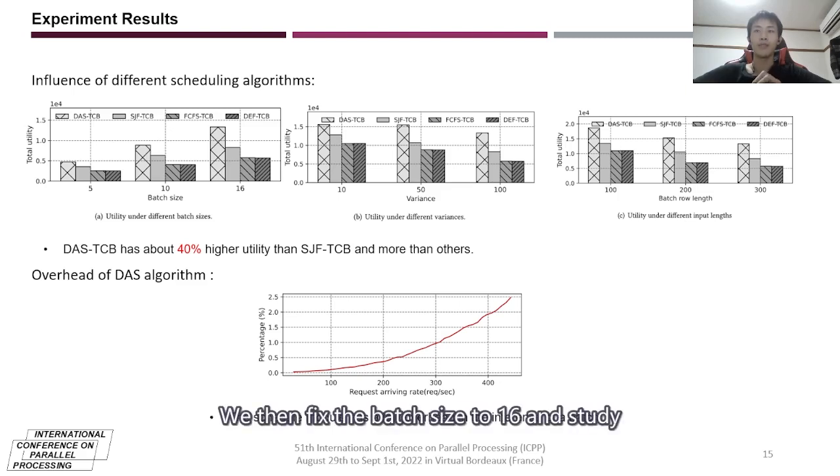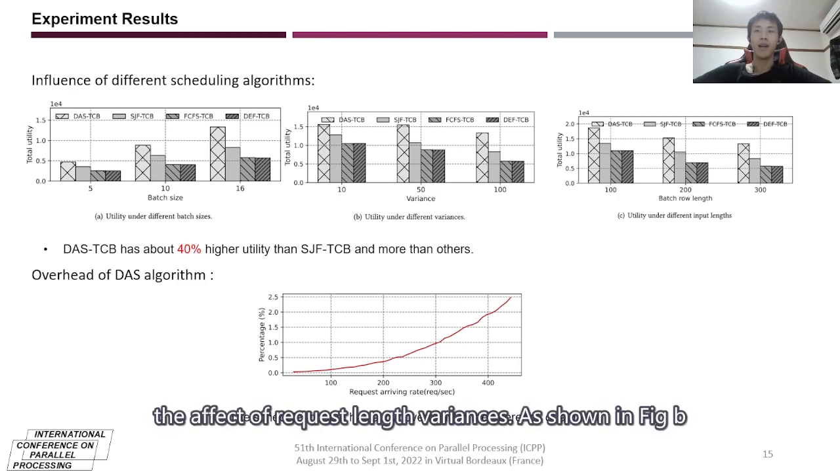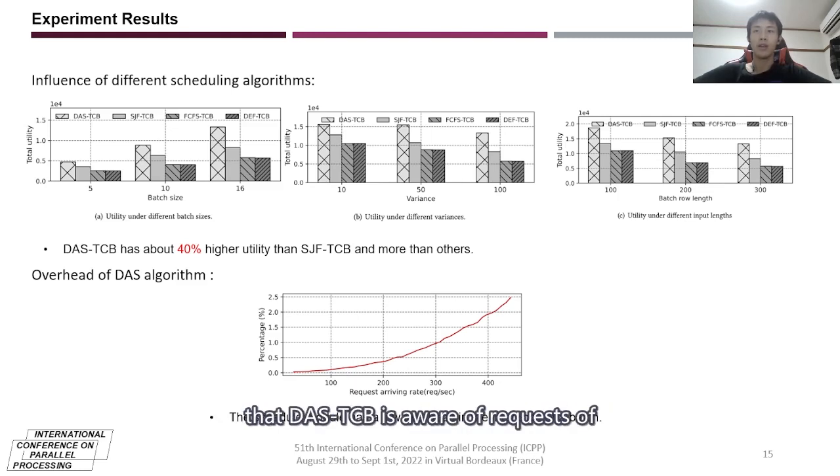We then fix the batch size to 16 and study the effect of request length variance. As shown in Figure B, DAS TCB has obvious improvement in utility compared with other scheduling algorithms, which demonstrates that DAS TCB is aware of requests of variable length and makes better scheduling.